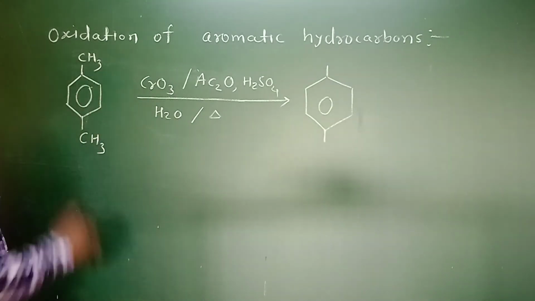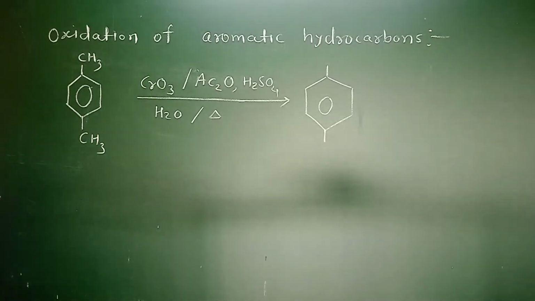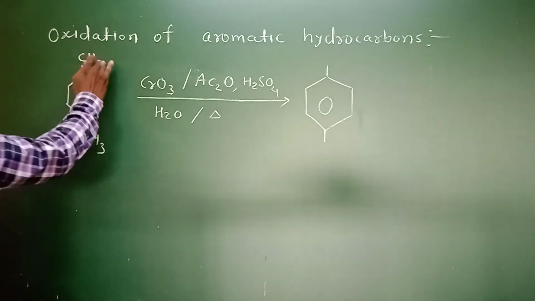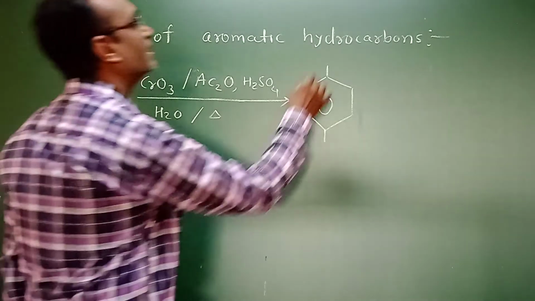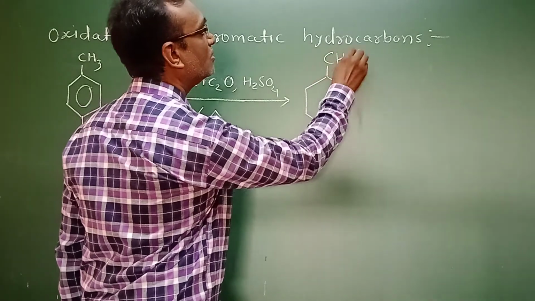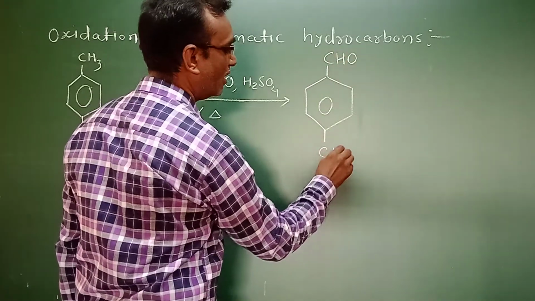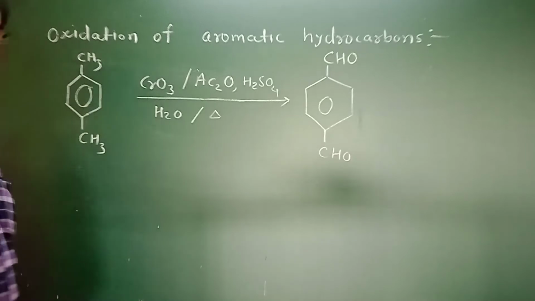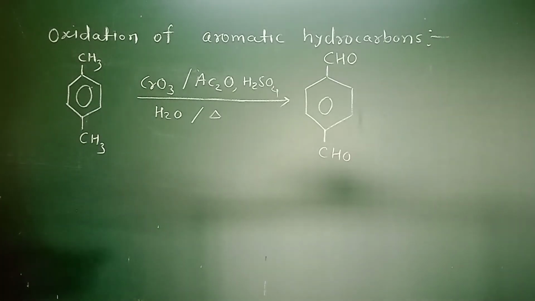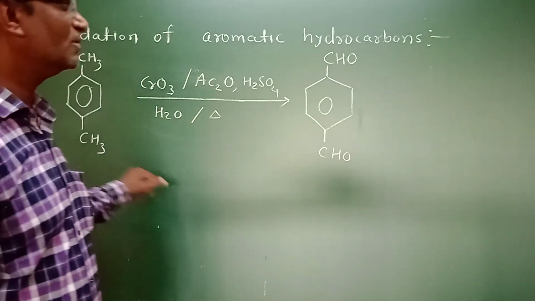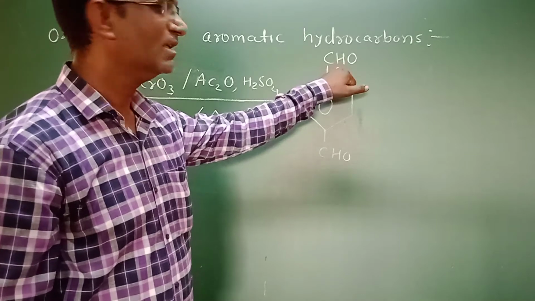If we maintain these conditions, it will undergo oxidation, but in this case, these CH3 groups get converted into aldehyde, that is forming group CHO. In the before reaction, this methyl group or both the methyl groups got converted into COOH.